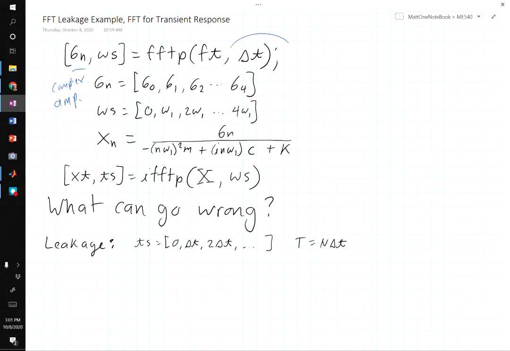And so the FFT gives us both the amplitudes and tells us what the frequencies are that correspond with those amplitudes. And then each one of these is a steady state vibration problem.